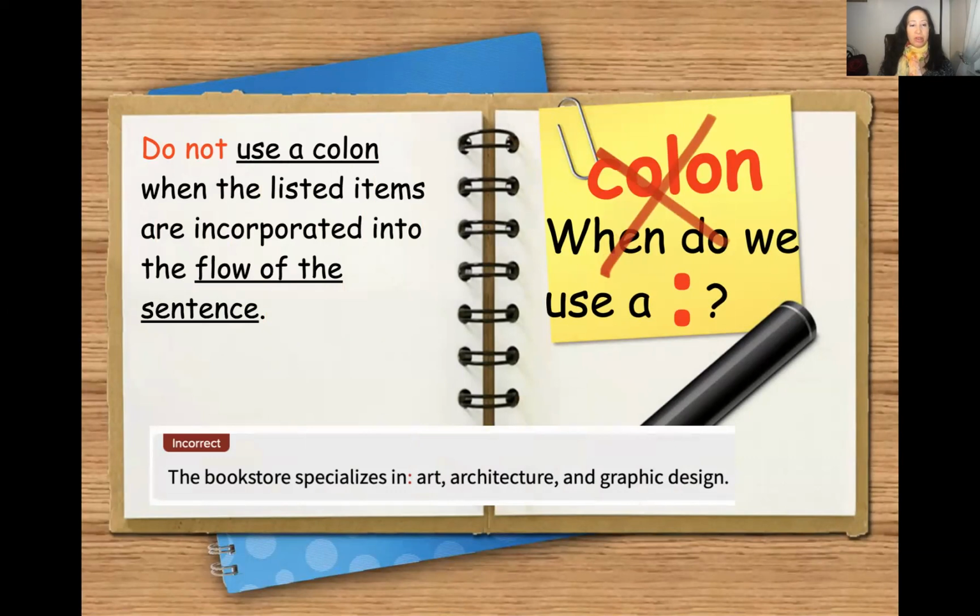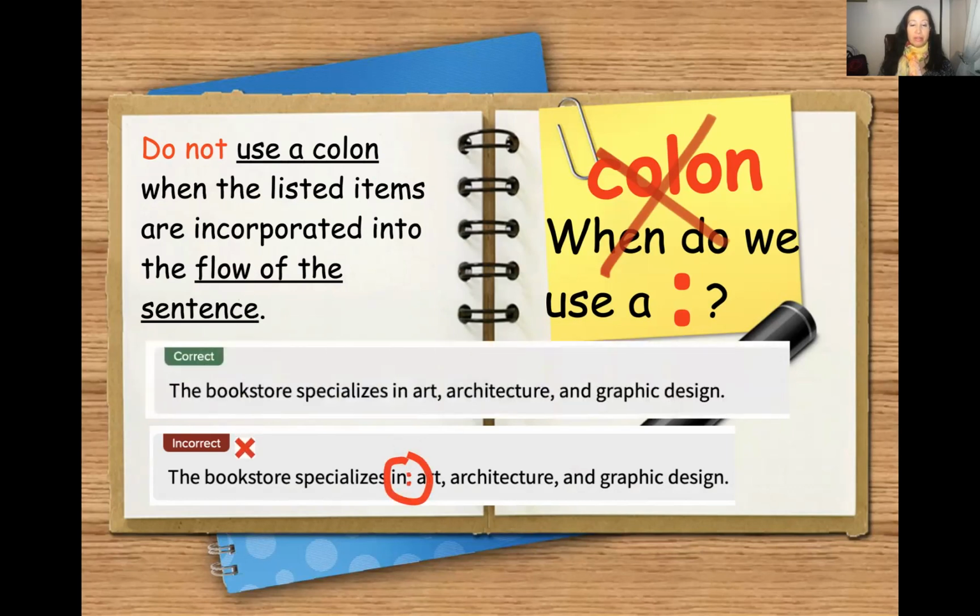The colon here is incorrect because it disrupts the flow of the sentence. So you do not want the colon in the sentence. Okay. The correct way is: the bookstore specializes in art, architecture, and graphic design.